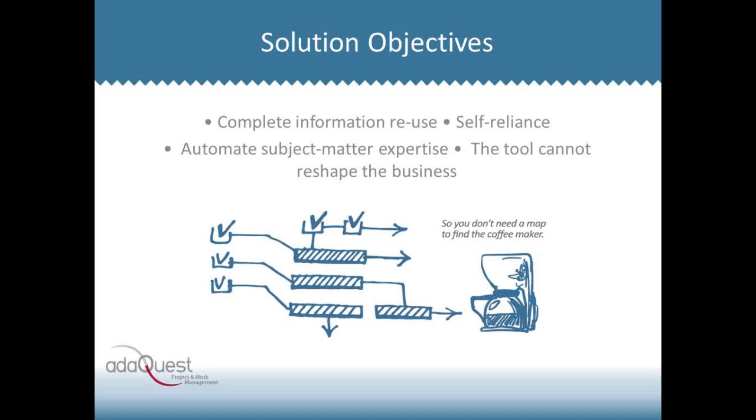They also wanted to automate the subject matter expertise. Okay? What that means is they have subject matter experts that manage battery certifications in North America. They also have people who manage radio certifications in EMEA or other areas.